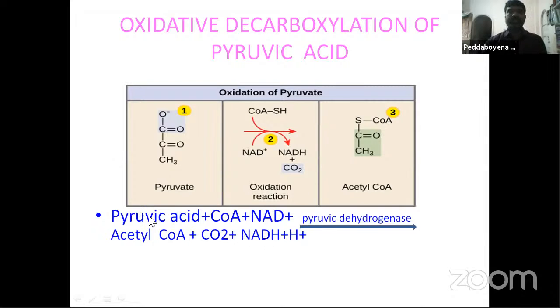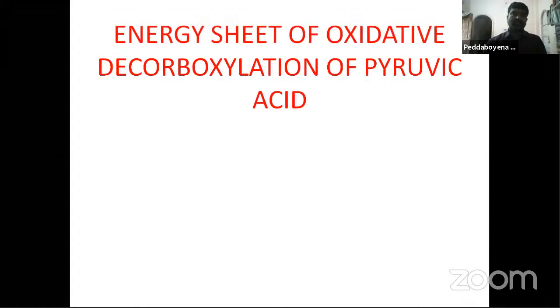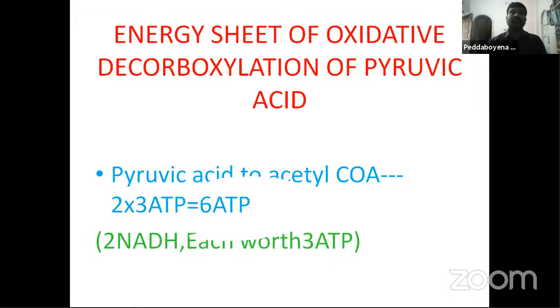So this is 3 carbons and acetyl coenzyme A is 2 carbons. Acetyl coenzyme A is the link between glycolysis and the Krebs cycle. This is the oxidative decarboxylation of pyruvic acid.